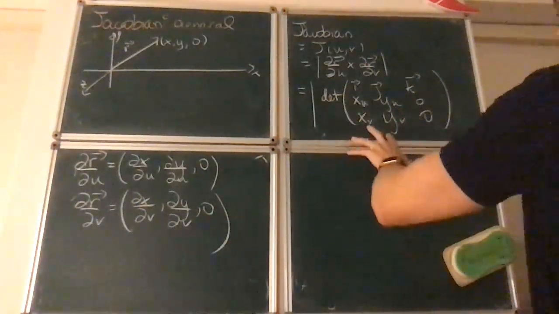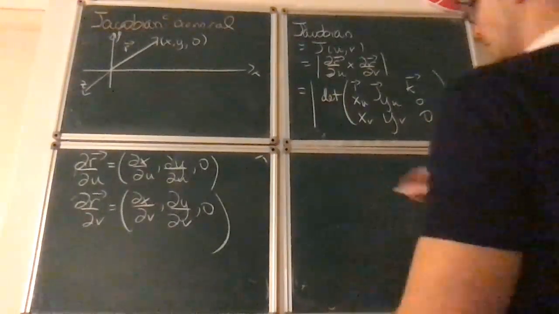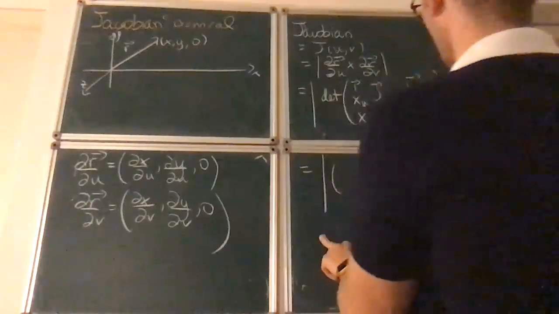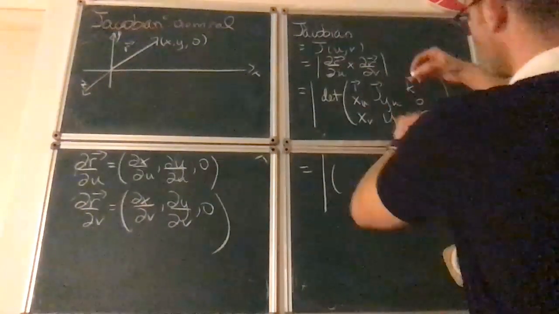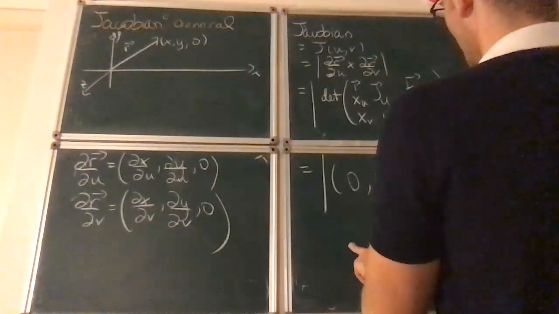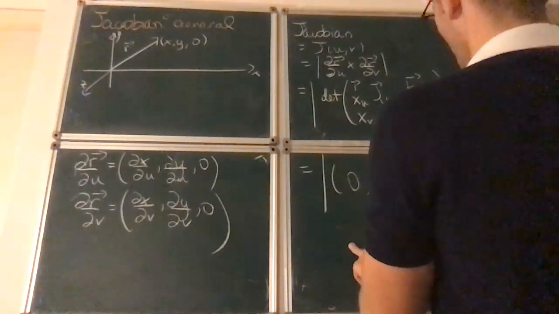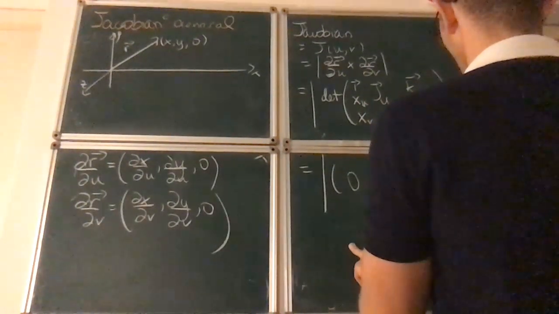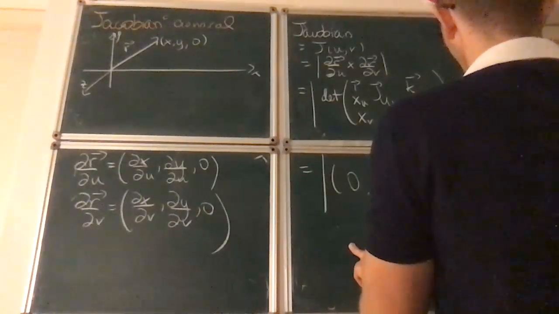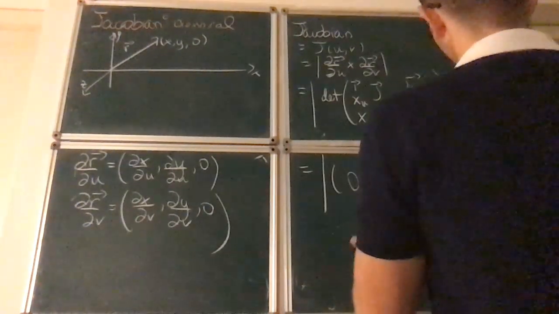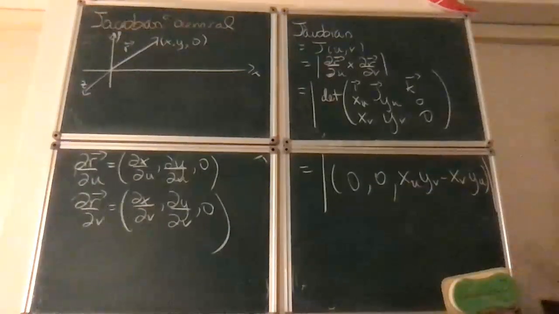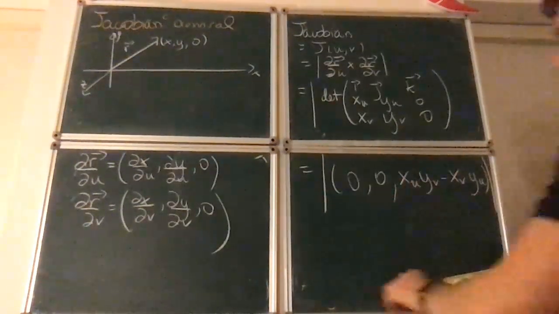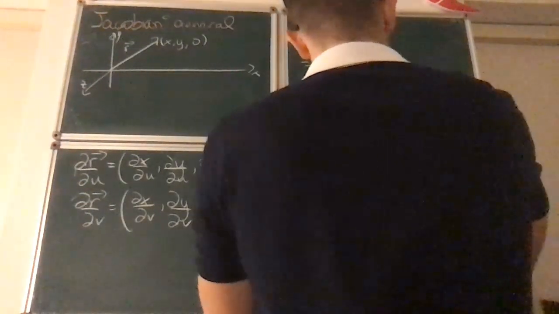So the Jacobian, this cross product, is easy to compute because it just gives you 0, 0, x_u y_v minus x_v y_u. Okay, and so the norm of this vector is just this absolute value.